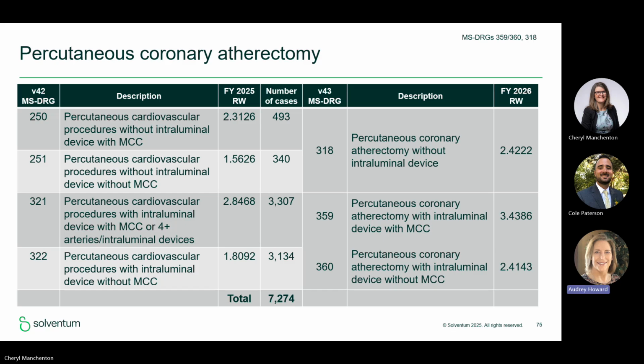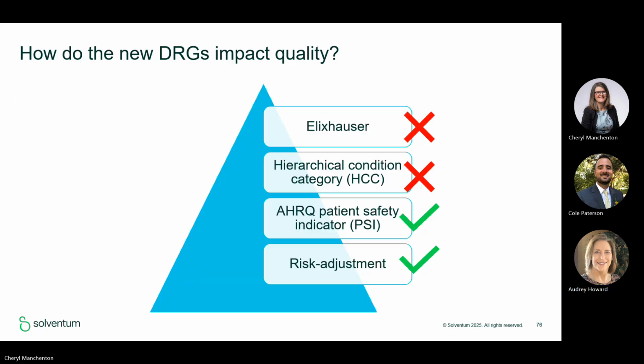So Cheryl, how will this impact quality? Similarly, when you're putting patients with higher risk of complications together, and these atherectomies are really a good example of that, right? We know that it's not just putting a balloon in and a stent in, you're also scraping off that plaque. They have higher risk of adverse events such as coronary artery dissections, right?